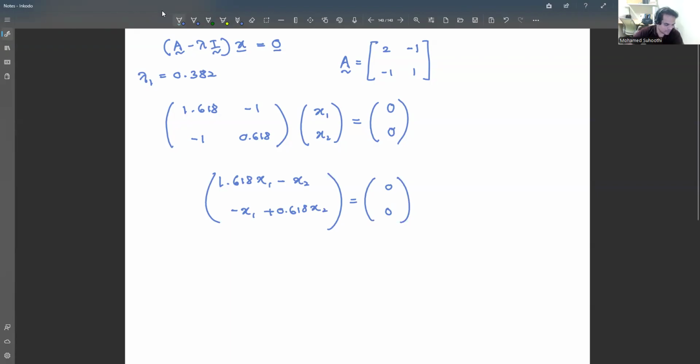So this equation we can calculate simply. From the second one you can write x1 equals 0.618 x2.